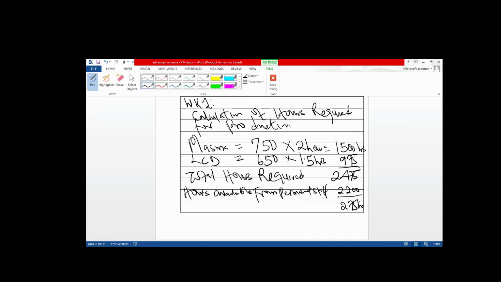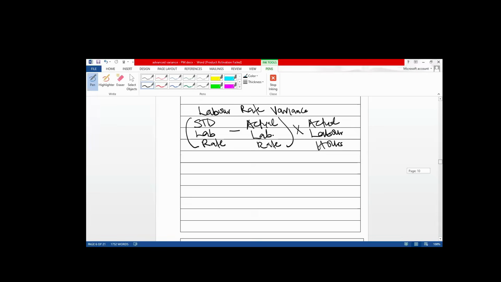These hours are for efficient staff. If you are efficient, you work within 2 hours for plasma, and within 1.5 for SCD. Examiner says this is the hours the temporary staff should give us. But these temporary staff are not efficient.